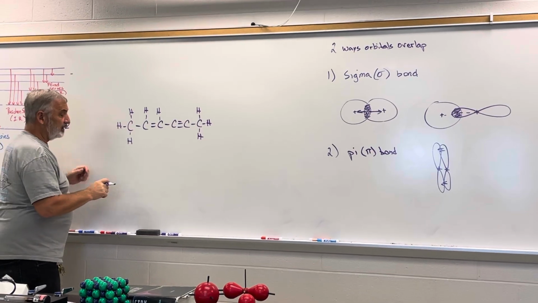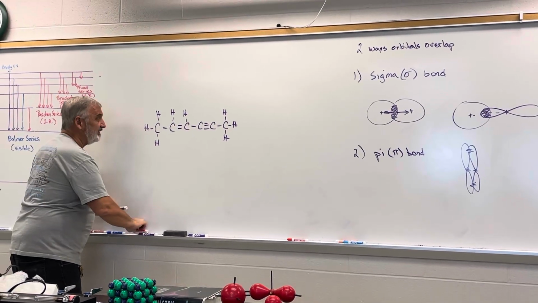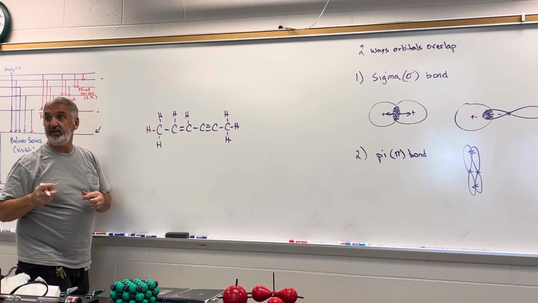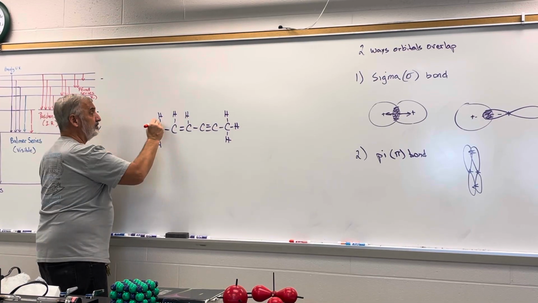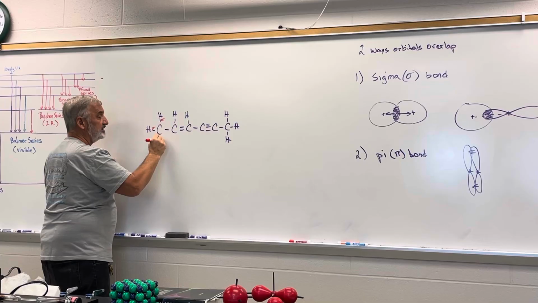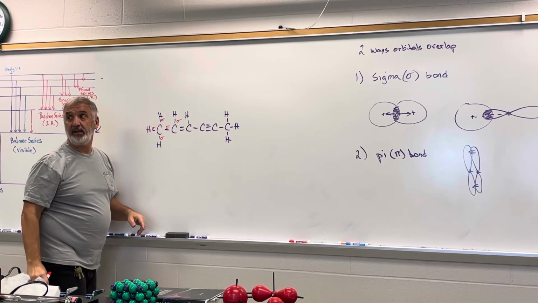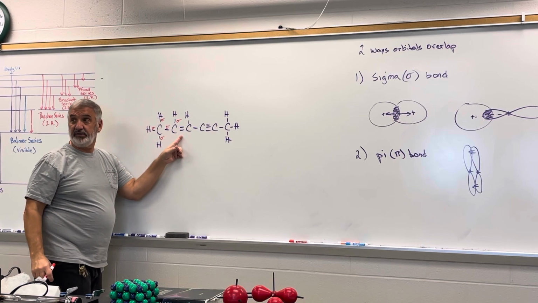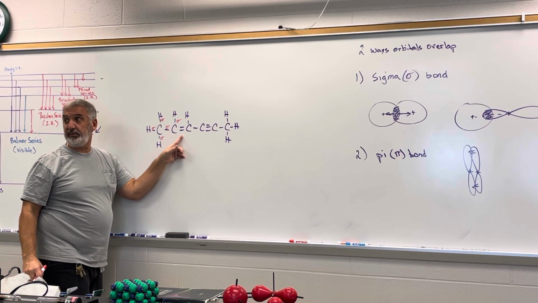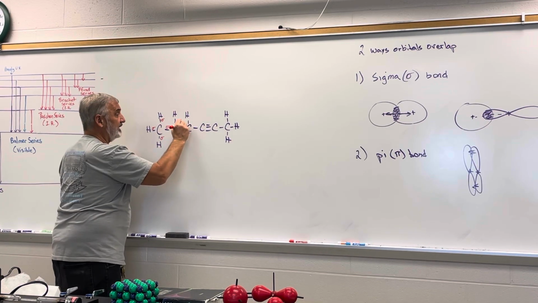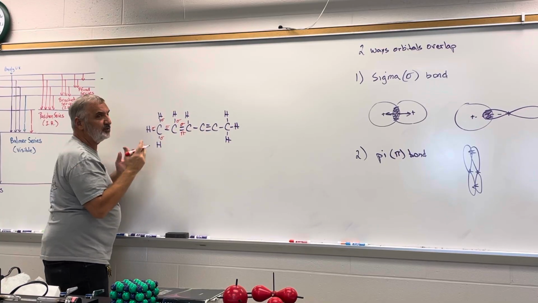Okay? So if I'm looking at this, if it's a single bond, I know it's going to be a sigma bond. So sigma, sigma, sigma, sigma, sigma. Double bond, though, the first bond is a sigma bond. The second one is a pi. Doesn't matter which one.